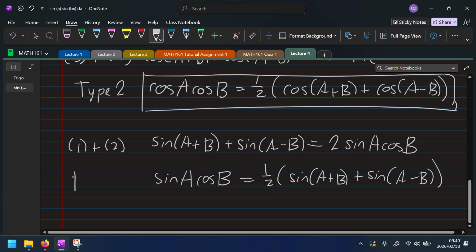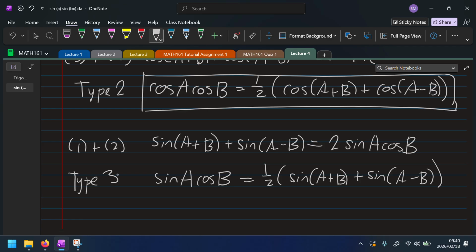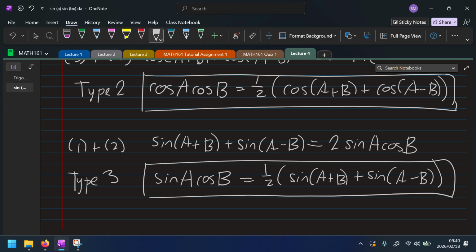Okay, so this will be for type 3, and put a box around that one. Okay, so please make sure you learn these 3.